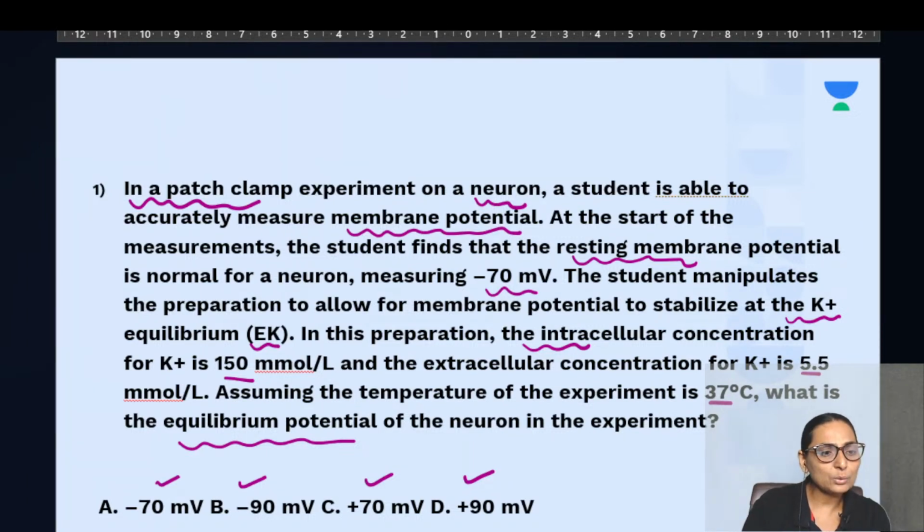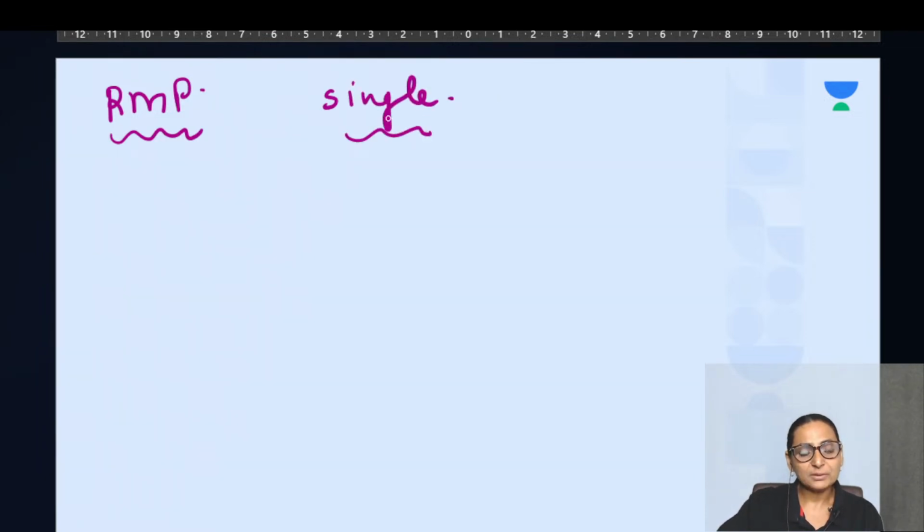Now, before I get on to the answer, whenever we speak of the resting membrane potential, we calculate the RMP by knowing the single ion potential.